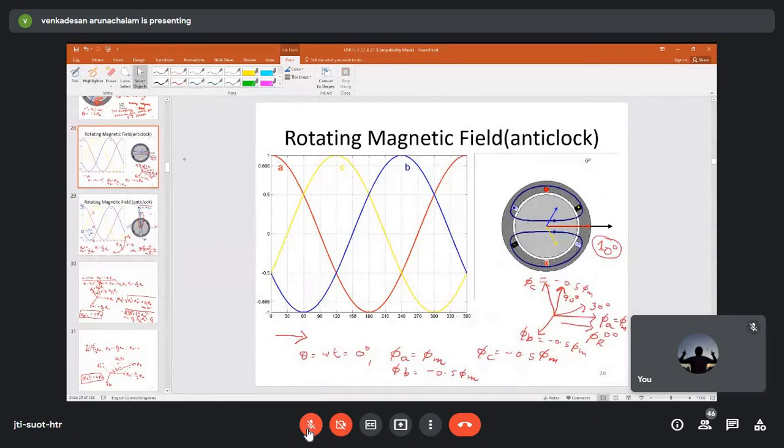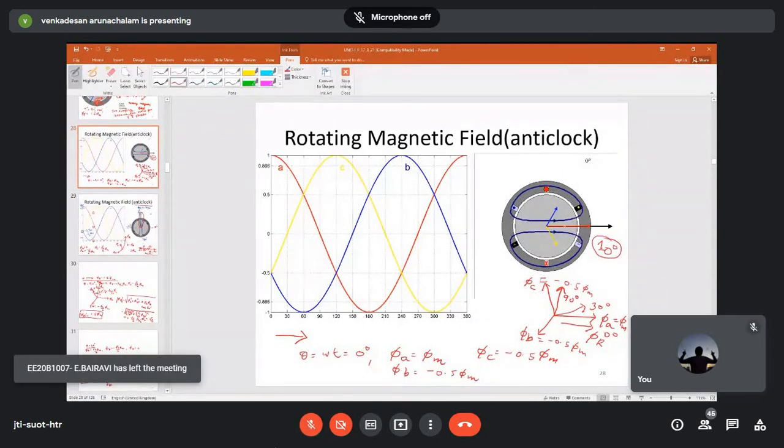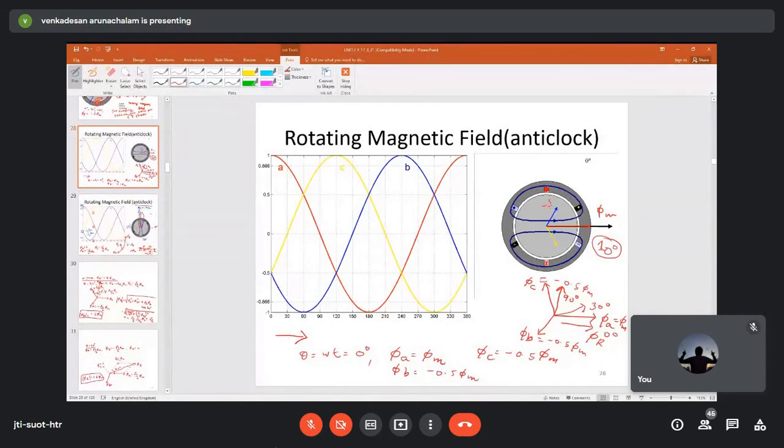Am I right? So this is phi m. This is minus half phi m. This is plus half phi m. You will get like this. In this case, if you find the resultant magnitude, you will get root 3 times by 2 times of phi m. Am I correct? Yes. And what is the direction of the resultant magnetic field?